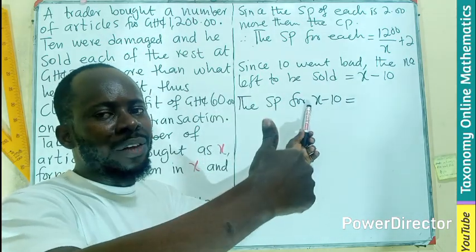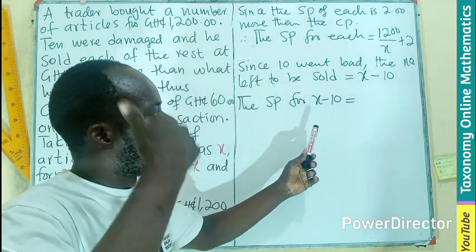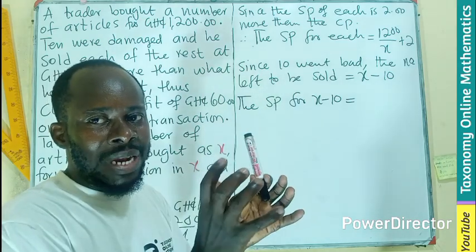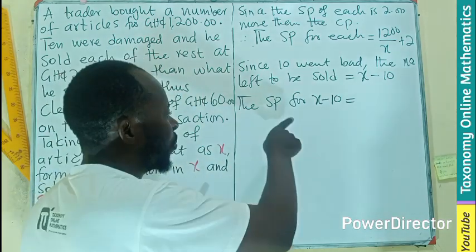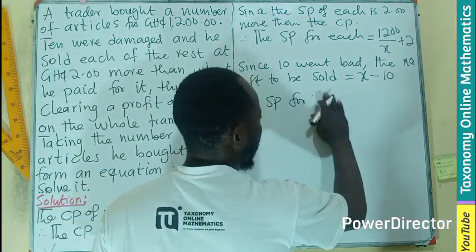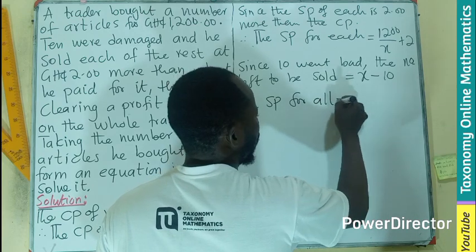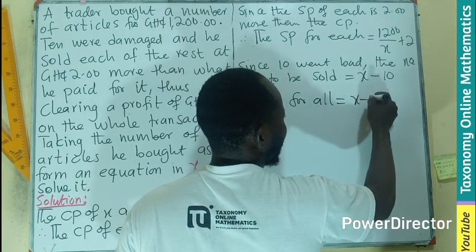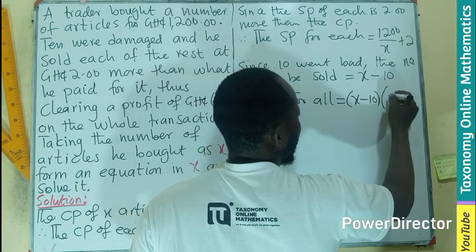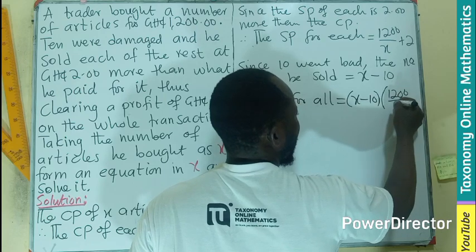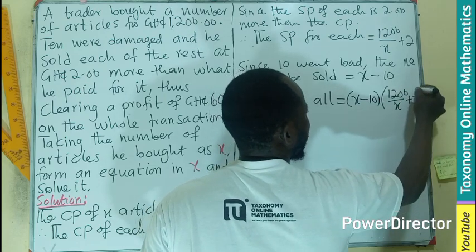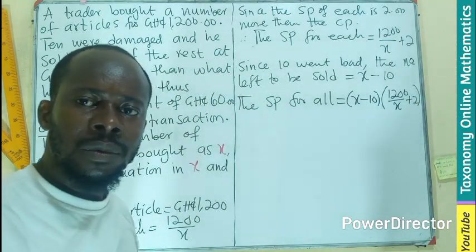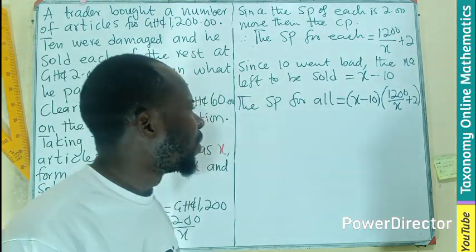The unit price is 1,200 over x plus 2. So the selling price for all will become x minus 10 multiplying 1,200 over x plus 2. I guess you get the concept now.